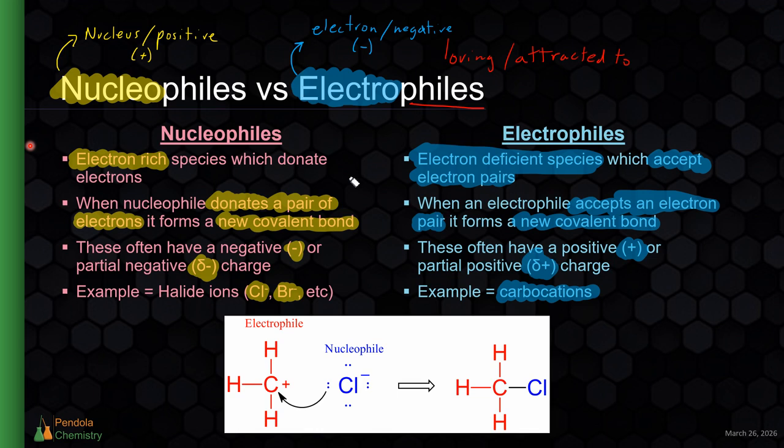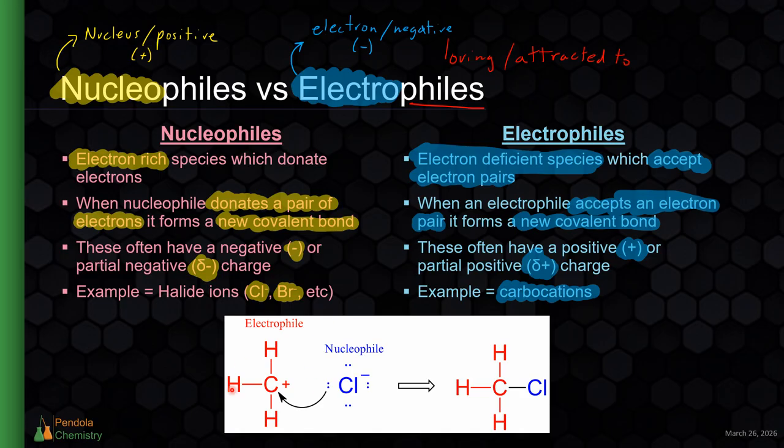And there are two sides of a coin, right? The nucleophiles are attracted to the positive charges that the electrophiles have. They're going to donate electrons, while the electrophiles are going to accept electrons. And they're both creating bonds when they do that. So they're going to essentially react with each other.